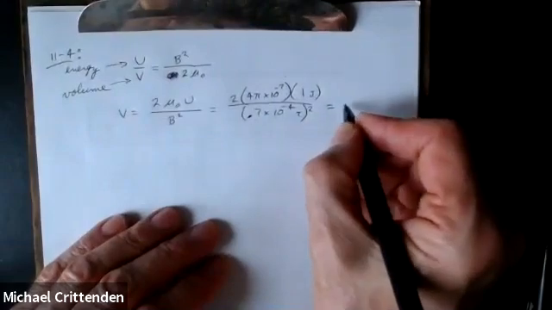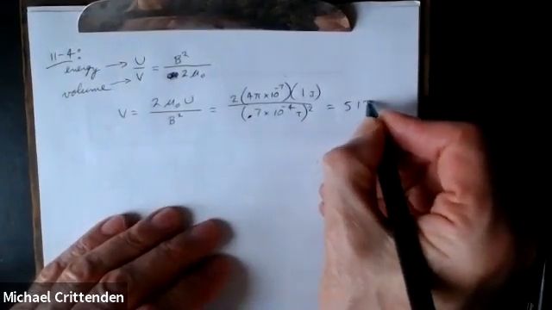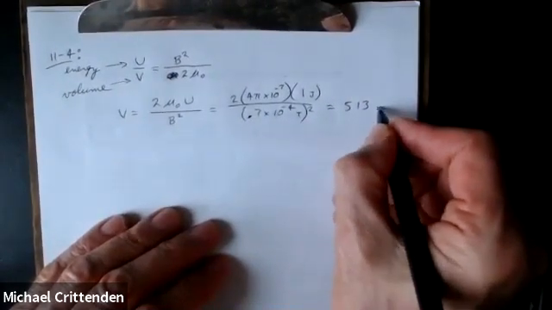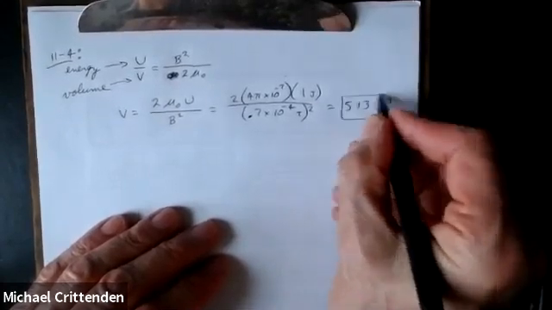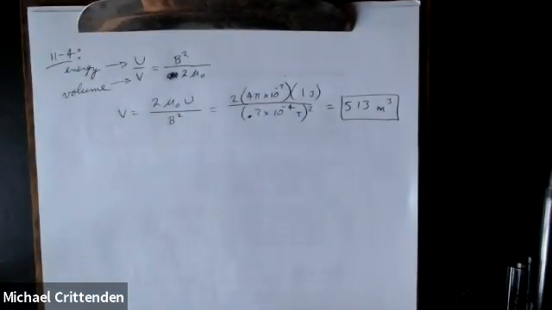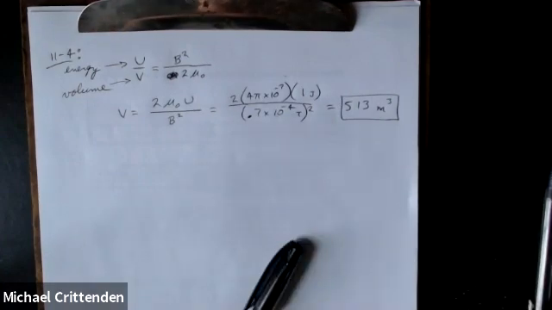And it comes out 513 cubic meters, which is, you know, if it's a cube, that would be about 8 meters on the side. And so we're talking about a volume 2 or 3 times bigger than the physics lab.